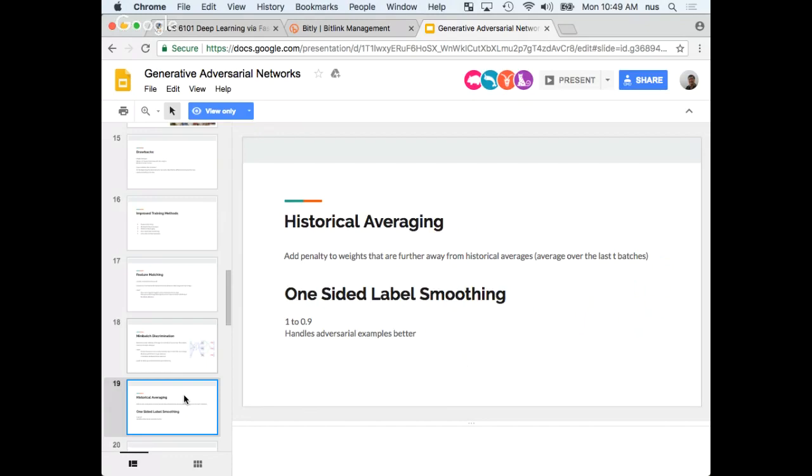It's one-sided because they only do this for the higher side. They don't do it for the lower side, because you want to be certain that it's fake. I think it's mainly for empirical reasons. But they suggested only using it for one side.